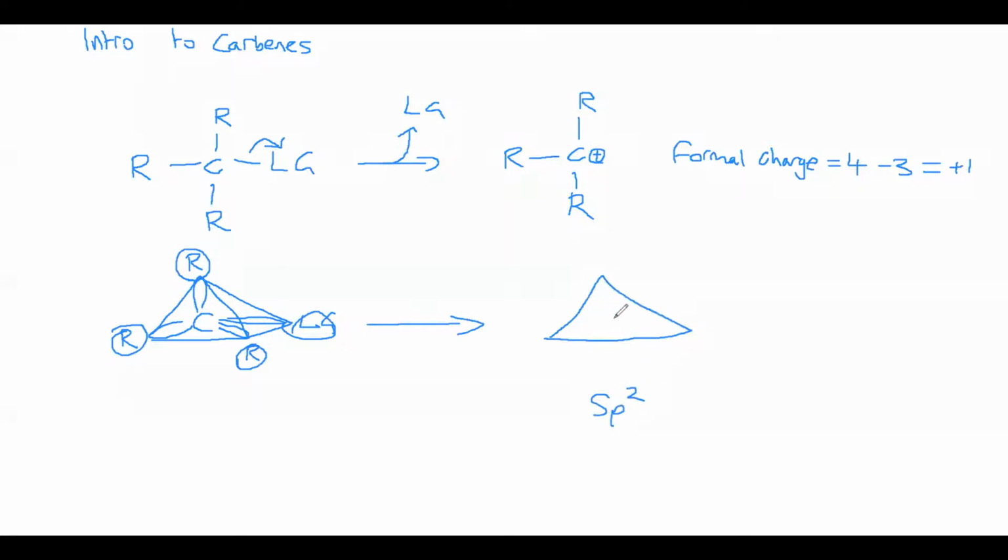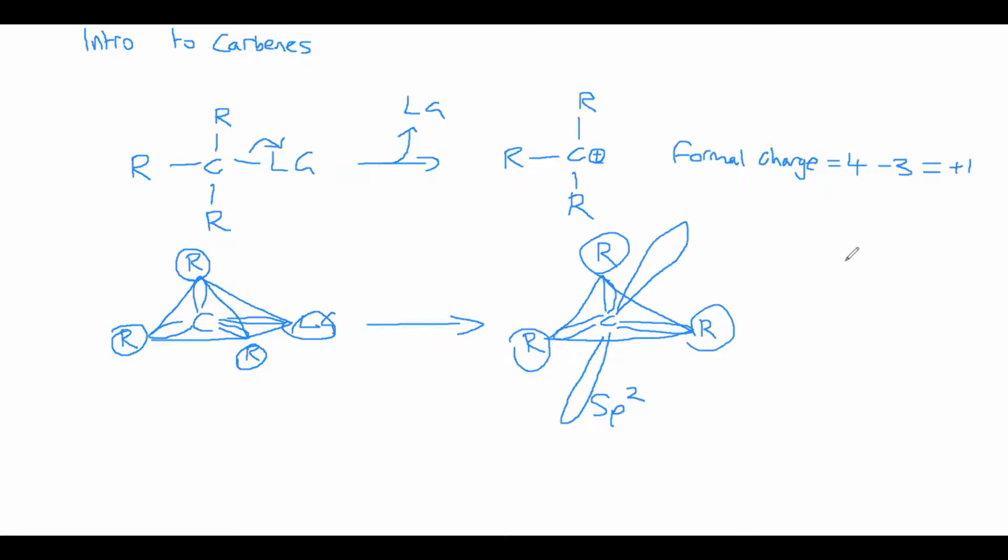This is where our molecule is now trigonal planar instead of tetrahedral. We have our 3 R groups bound to our carbon through the 3 sp2 orbitals here. And we have an empty p orbital residing there.